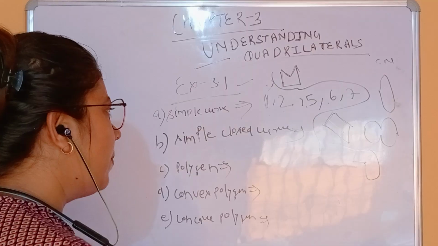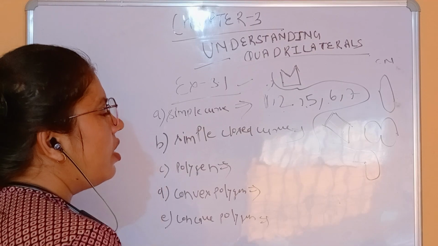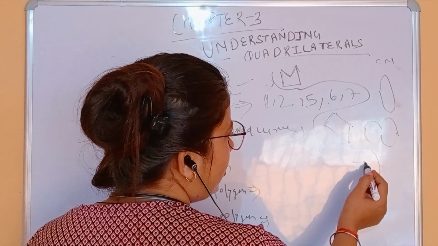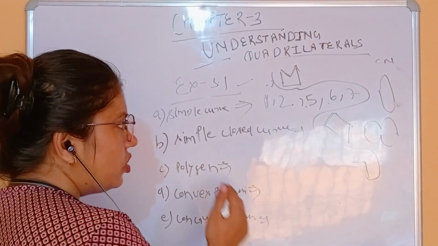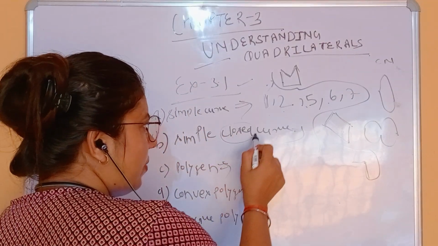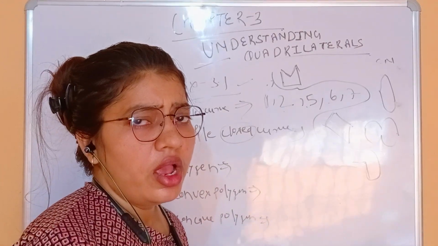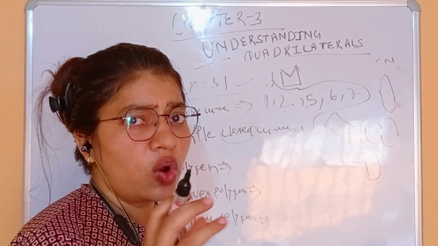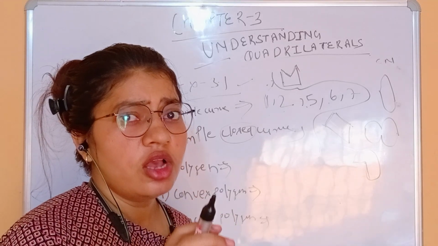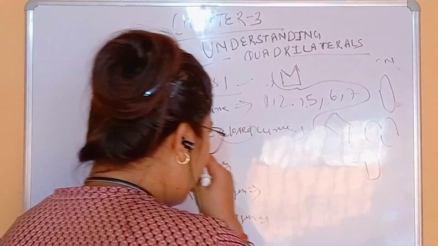Now we say simple closed curve. Here we check whether it is closed or open. In a simple curve we include all things, closed and open curves. In a simple closed curve there is only a closed portion. A closed figure is given, so we can say that's the simple closed curve.